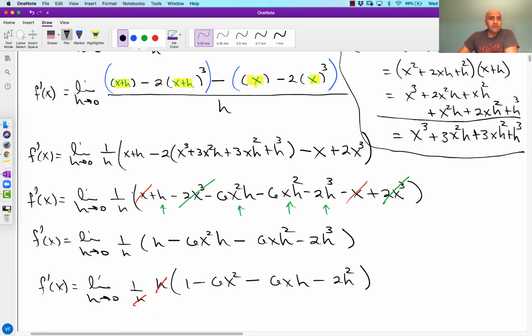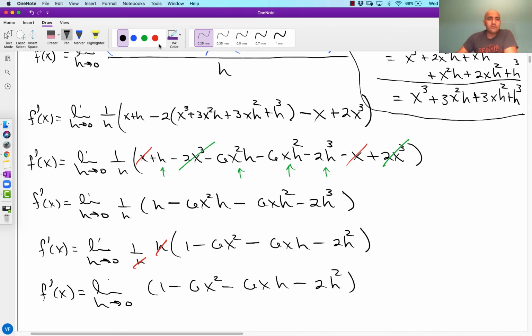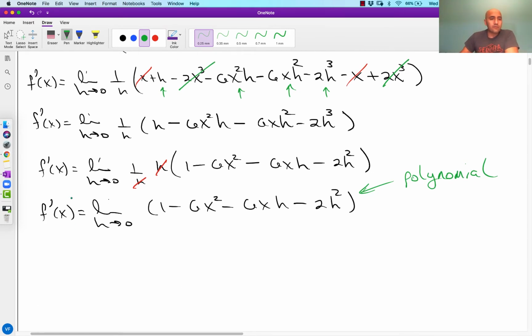And what we have is something that's just going to be a polynomial. f'(x) is equal to the limit as h goes to 0 of 1 minus 6x^2 minus 6xh minus 2h^2, and this is just a polynomial. We know from our work with limits that when we're trying to find the limit of a polynomial, all we have to do is evaluate that polynomial at that value.